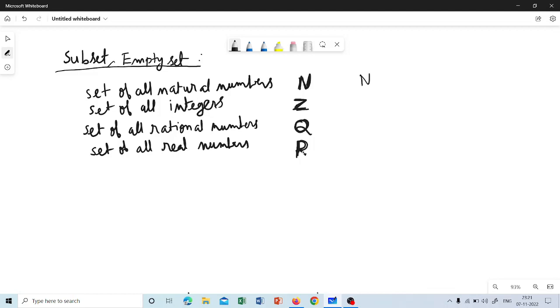Now I am going to show a particular relation between all these sets.